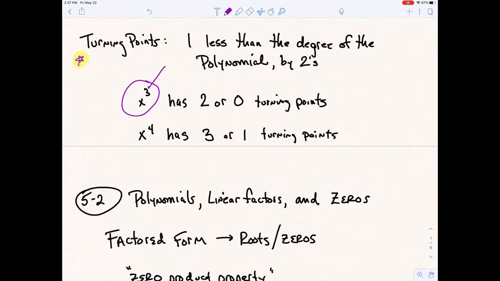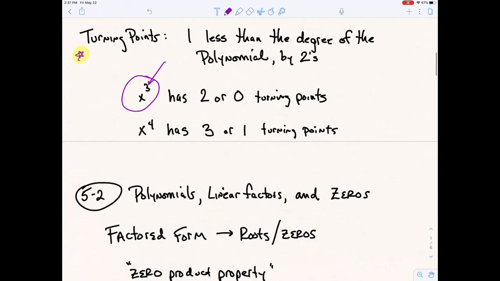And what you do is you take the exponent of that most powerful term, you take 1 less than it. So if I have x to the third, I'm going to do 3 minus 1 and get 2. And then I'm going to list all of the 2's, or I guess minus 2's, down to 0. So 2 minus 2 is 0. So something with an x to the third power will have either 2 turning points or no turning points.